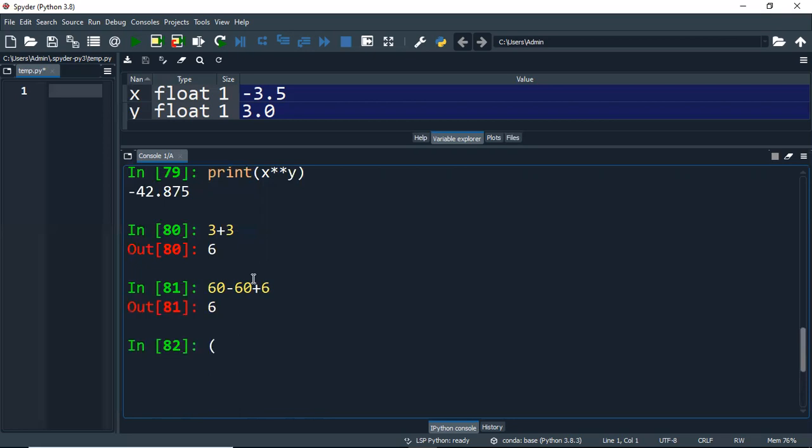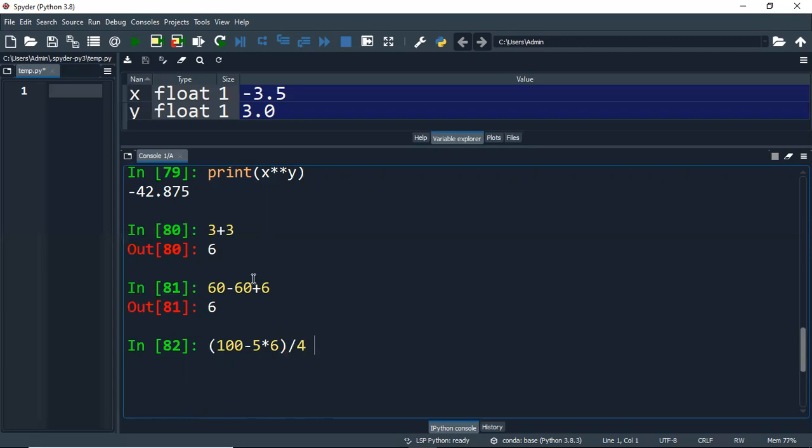Then I am using a complicated arithmetic expression like this. If you have to put brackets to have the precedence, we call it BODMAS. So bracket, division, multiplication, addition, subtraction. In that order, your expression will be executed.